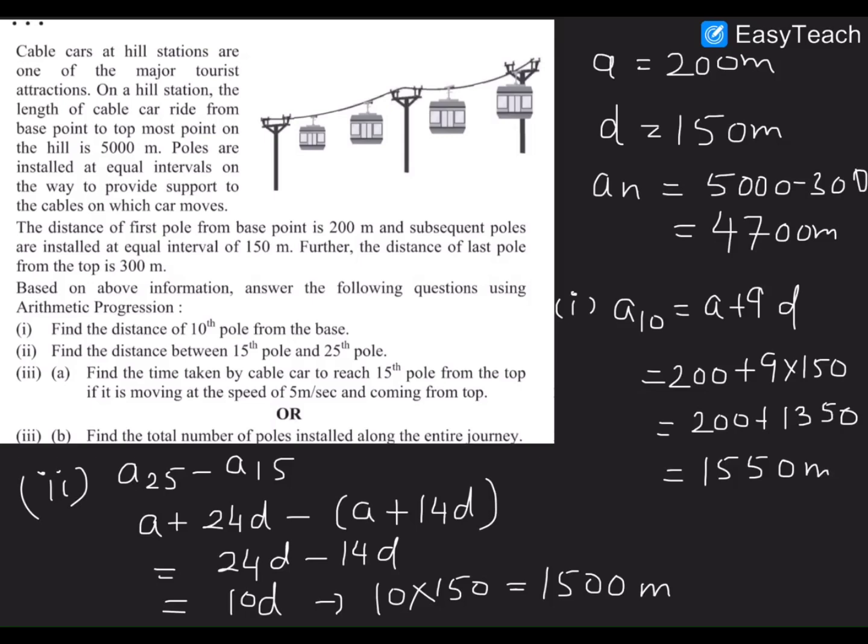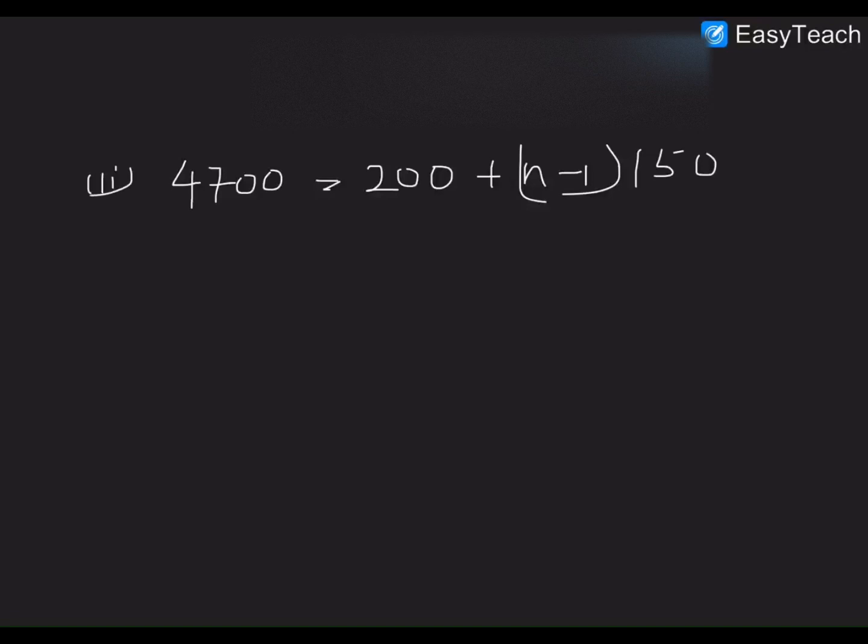You have to find the total number of poles installed along the entire journey. So the total number of poles installed will be, with the last term 4700, the nth term A is 200 plus n minus 1 times 150.